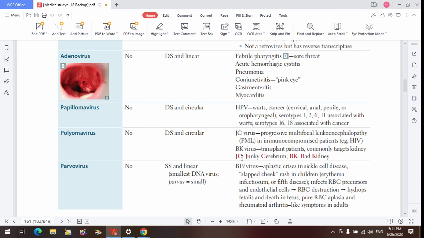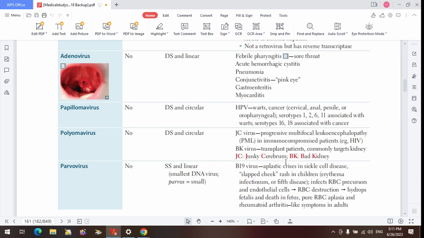The next one is the BK virus. This one is very, very common in people that have just received a renal transplant. So you paint the history: someone that just received a renal transplant. After some time, you start noticing the person passing dark colored urine, and an increase in the serum creatinine. Please, this is not nephrotic. This is not nephritic. This is BK virus infection.